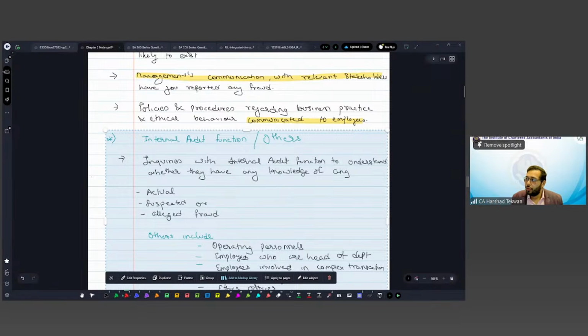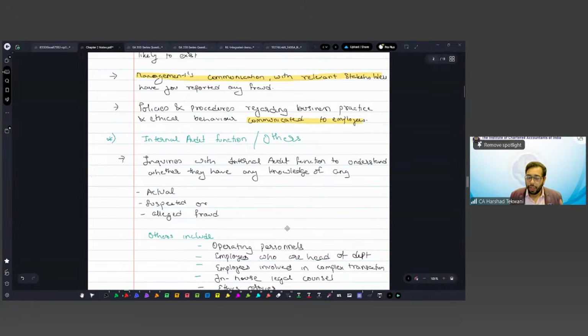So when we talk about the internal audit function, there is an internal audit function in the organization that looks after fraud. You do inquiries with them. You understand what their understanding is about the fraud. Have they identified anything with respect to the fraud?